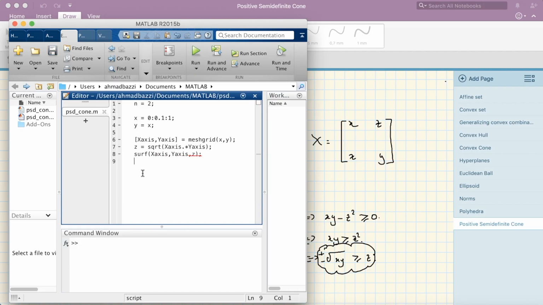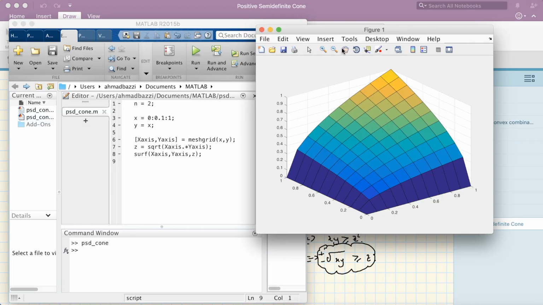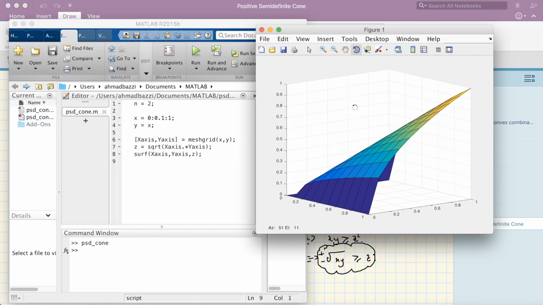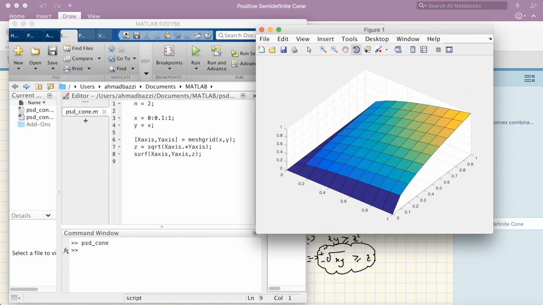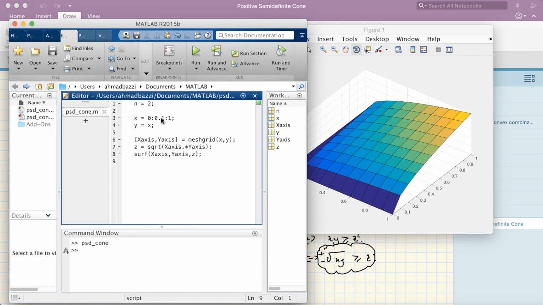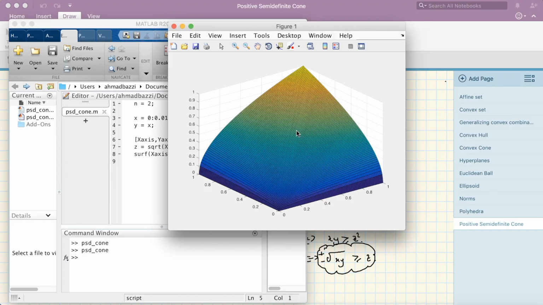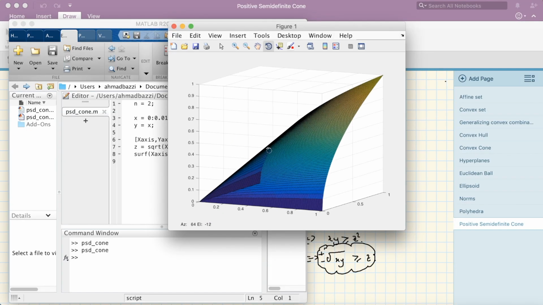So let's give it a run. Okay, it looks something like this, but it's not really discretized properly. You see those grids, right? This is because I've got 0.1 steps. Now let me increase the number of steps. Okay, it looks smoother.